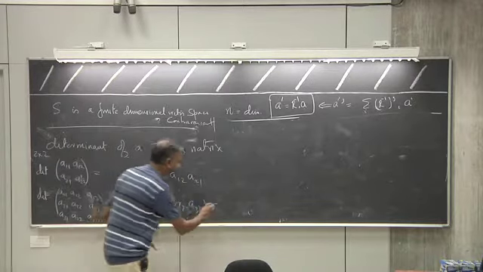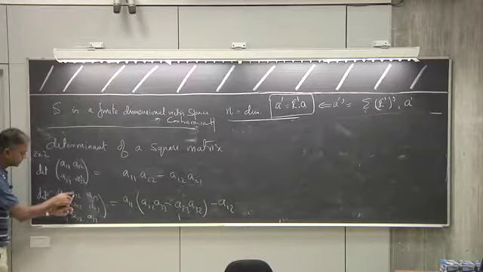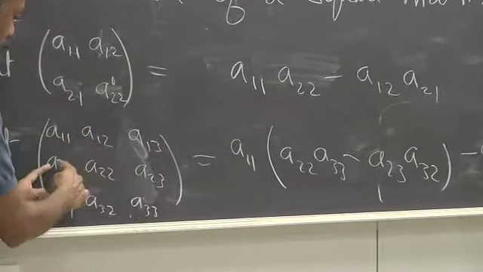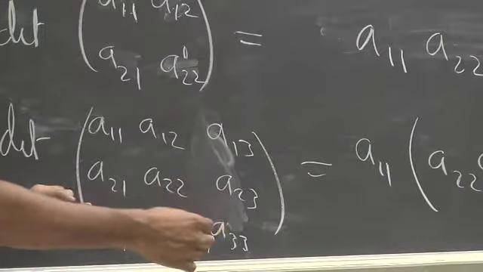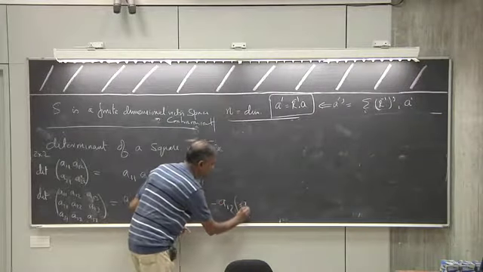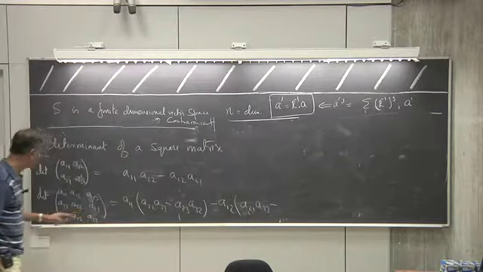So minus A12, and then once again you remove the row and the column in which this appears. What is left over is a 2 by 2 matrix, and take the determinant of that, which is A21 A33 minus A23 A31.